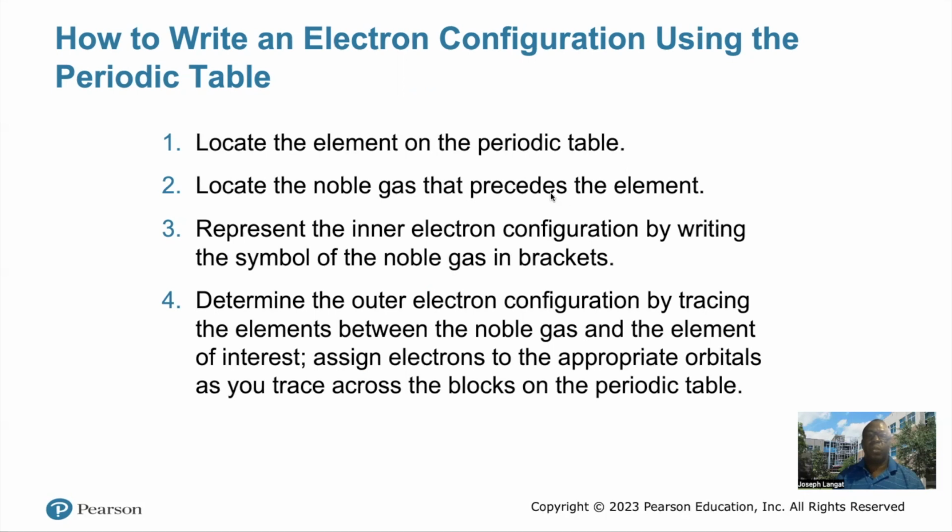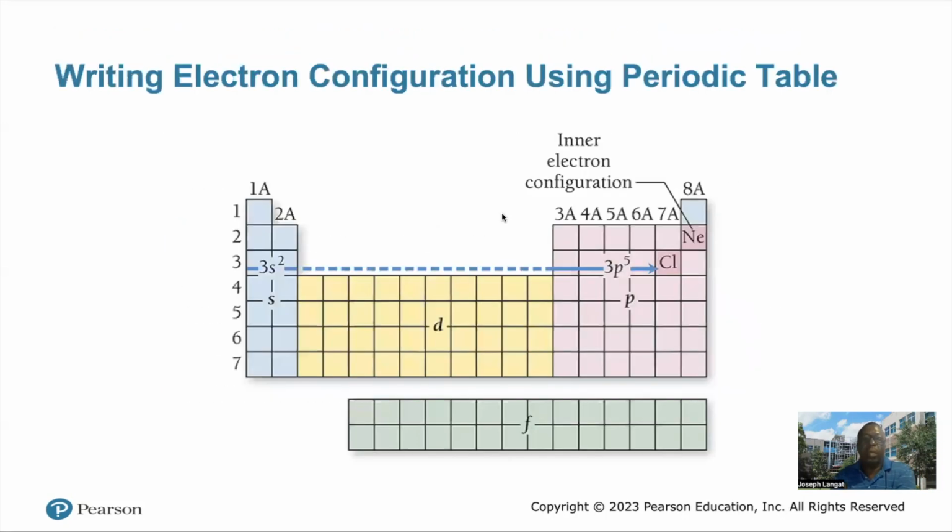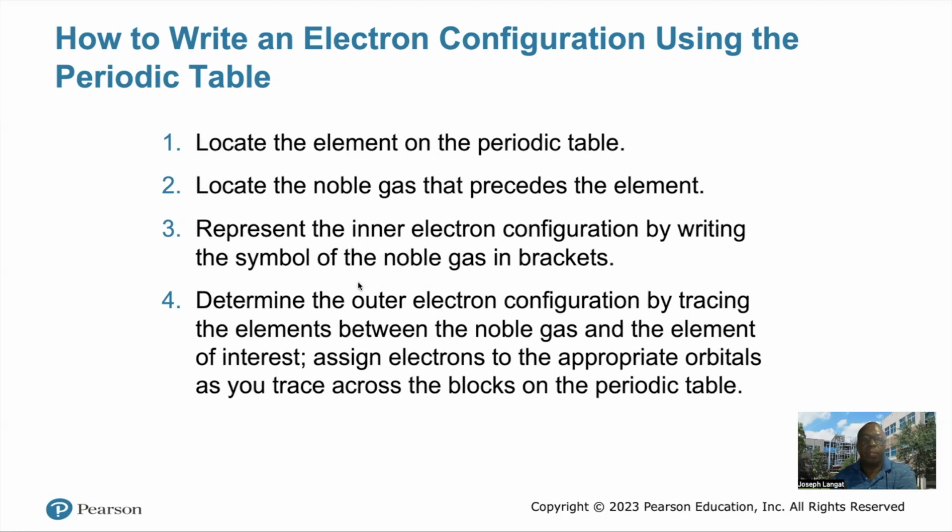If you are to use the shorthand, look at the preceding element, all right? Look at the preceding element, and then you determine the symbol for that in brackets. So if you're using the shorthand, use the brackets. Determine the outer electron configuration. If there is something else outside, you need to remember that.